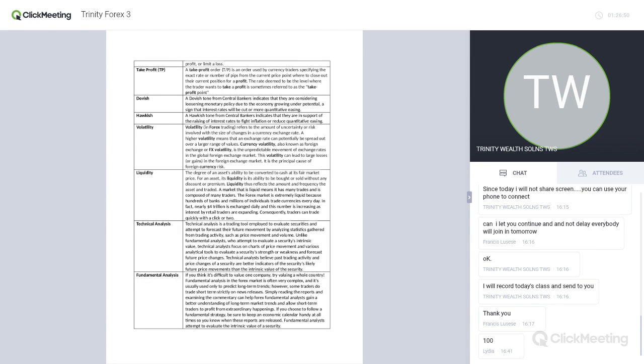Currency volatility, also known as foreign exchange or FX volatility, is the unpredictable movement of exchange rates in the global foreign exchange market. Basically, there are times of lower volatility. When there is so much movement in a certain currency, we say it is more volatile, all right? Of course, there's a risk in that. But when there is no volatility in the market, it means there are not many people participating.